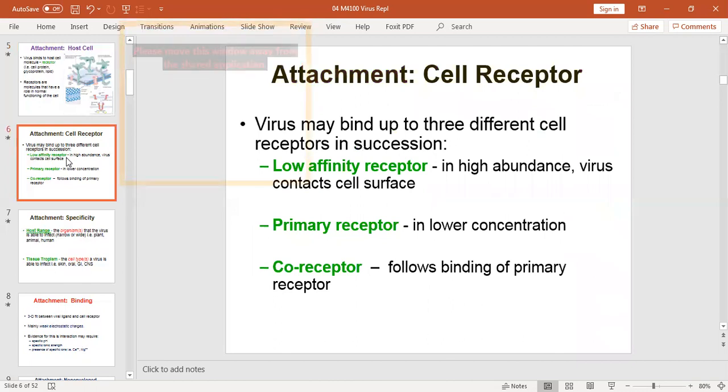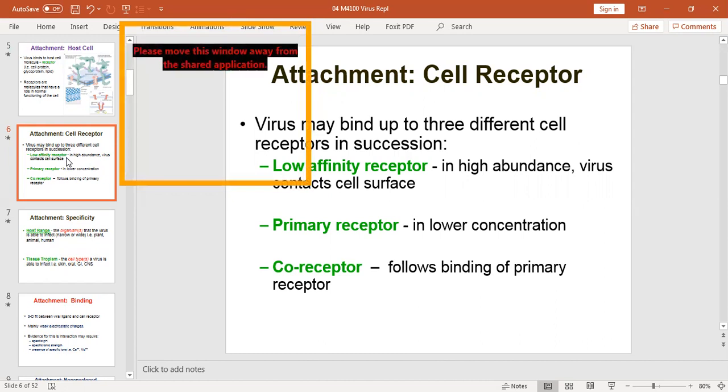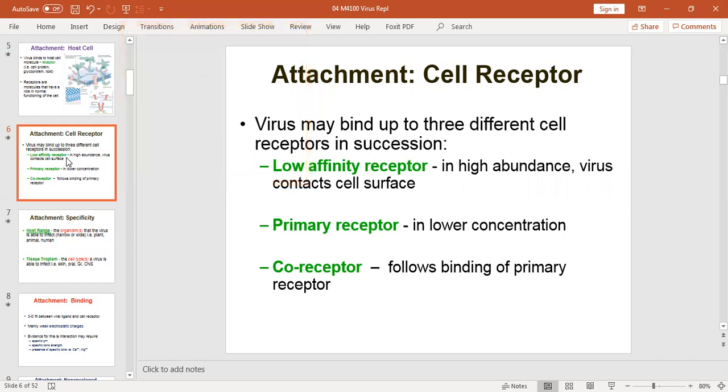So, slide number 6, a few words about cell receptors. Viruses can bind up to 3 different types of receptors in succession. Initially, they bind to low affinity receptors that are in high abundance. There are lots of them. And the virus contacts the cell surface through these low affinity receptors.